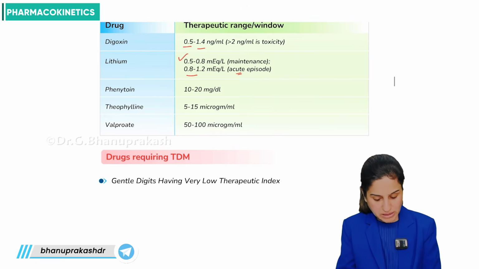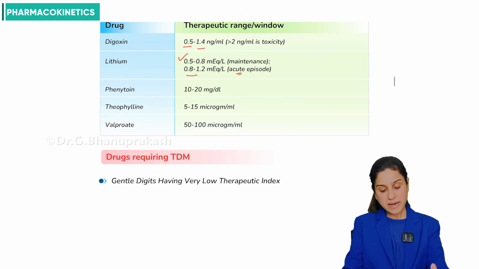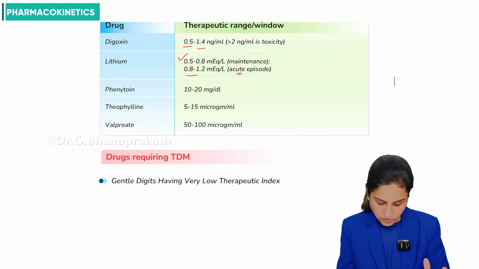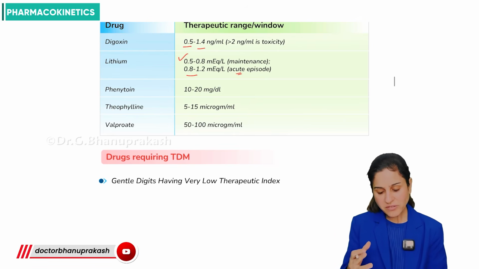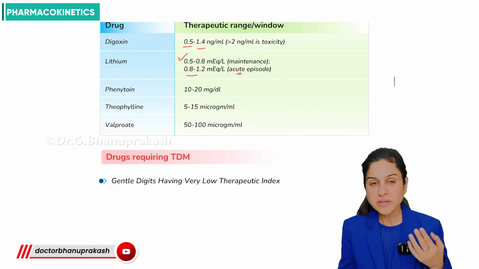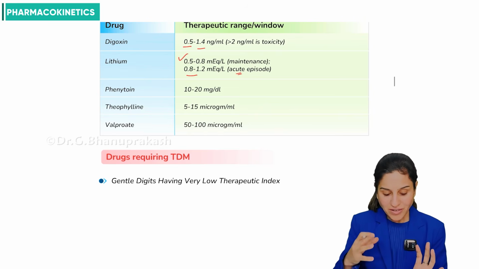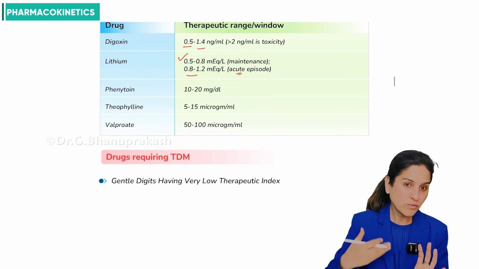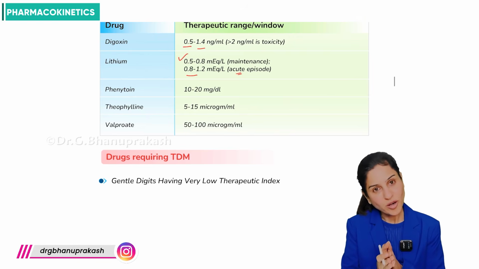Phenytoin is 10 to 20 milligrams per deciliter, theophylline 5 to 15 micrograms per ml, valproate 50 to 100 micrograms per ml. Such drugs which have a very narrow therapeutic window are a candidate for therapeutic drug monitoring. So we keep on monitoring the drug levels so that we know that whatever dose we are giving to the patient is falling within the therapeutic window or not.